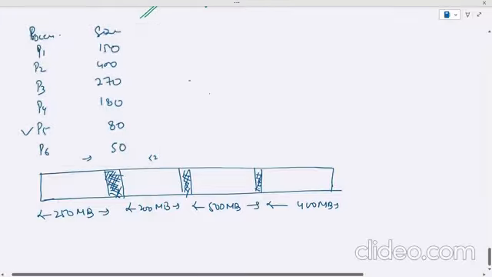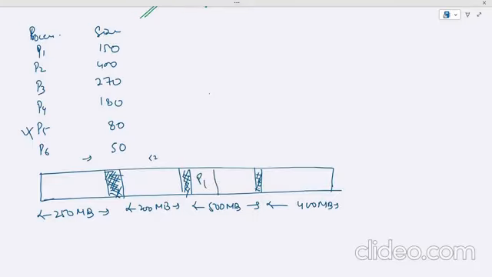First of all, we have process P1. For P1, 150 of space, we look for the block having very high space and we have to put this process there. This is what worst fit says. The very high space is the third block, basically. So we have to put P1 over here.